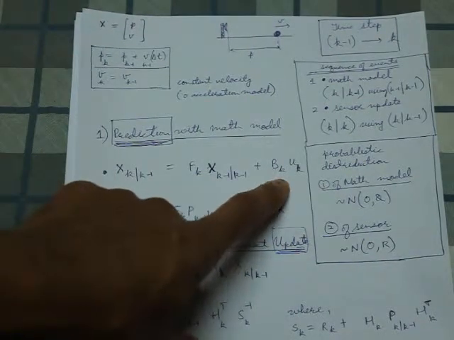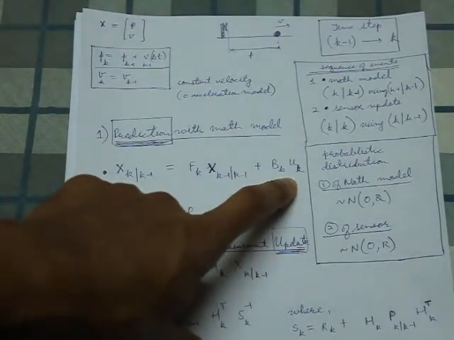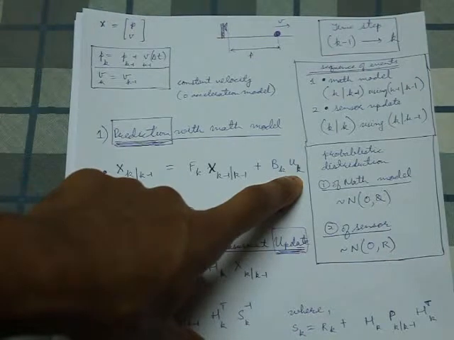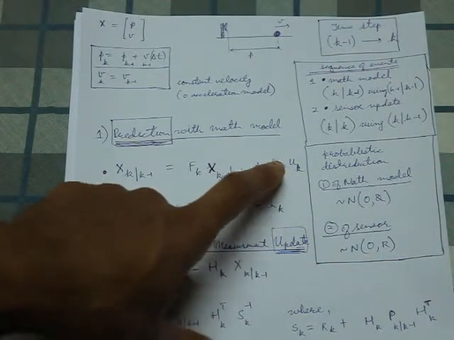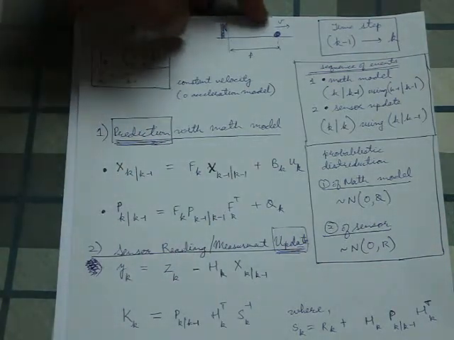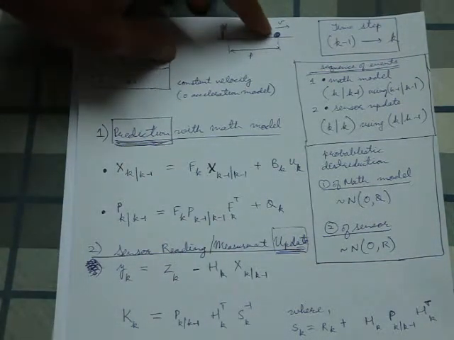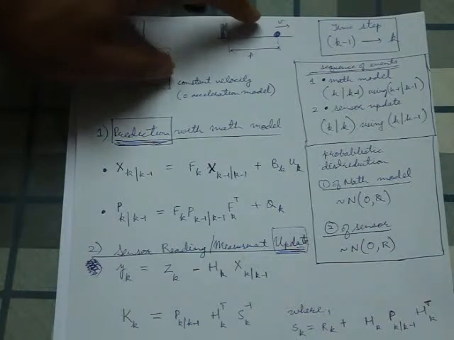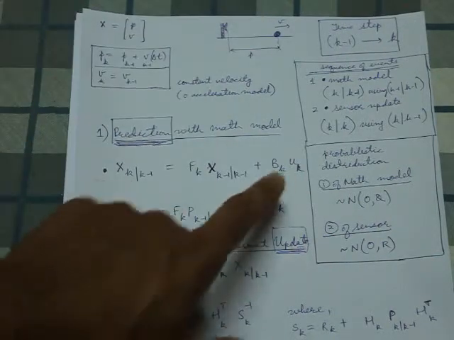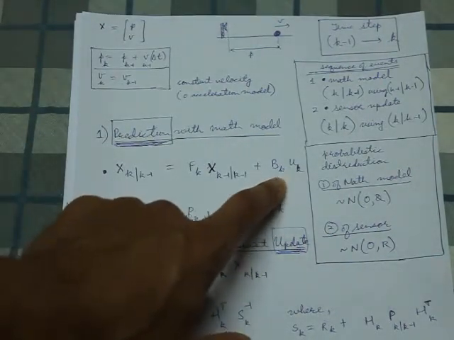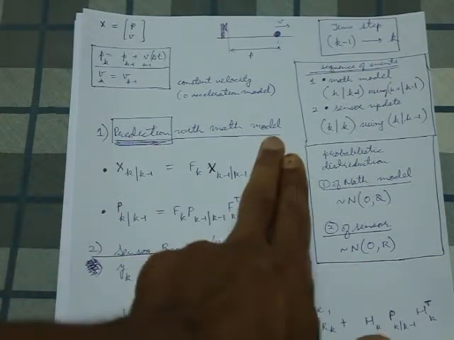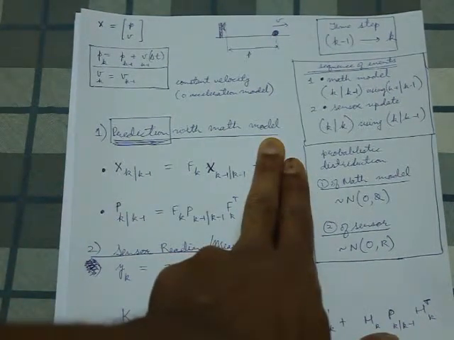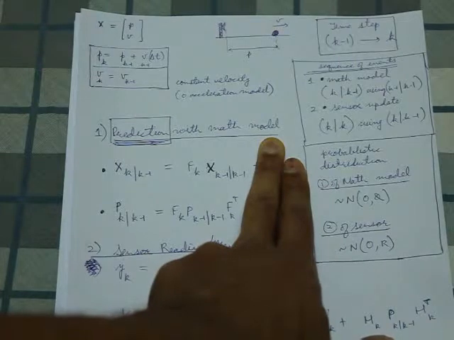We can actually ignore B and u, because u represents the input being given to the system, and in this case there's no real external input or driving factor that we consider for the ball. We just assume that it's moving freely by itself. So we can consider this term to be 0, and the effective equation becomes x k is equal to F k x k minus 1.